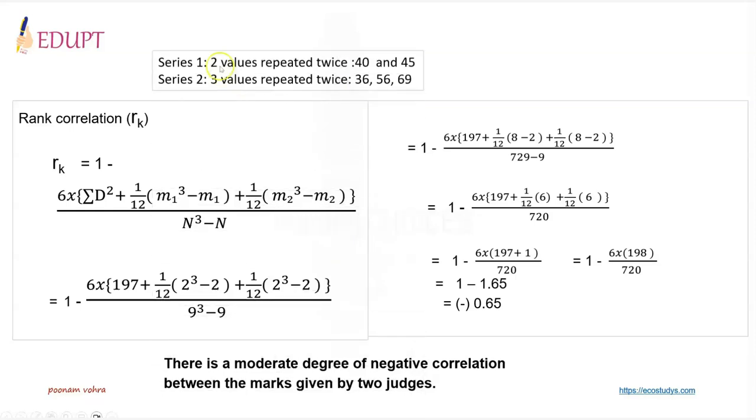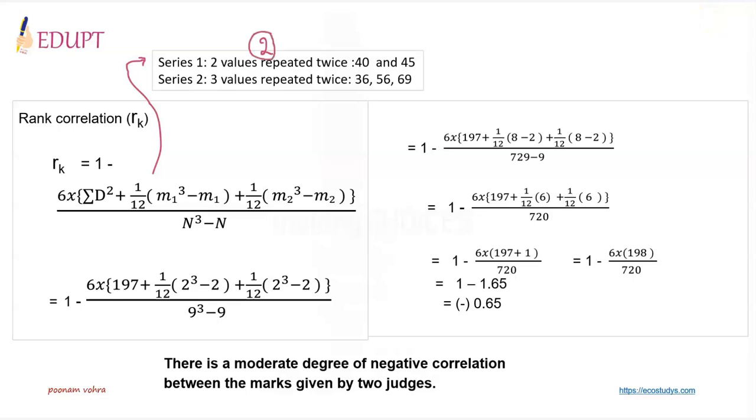One, suppose in series 1, there are two values repeated twice. For example, value 40 is repeated two times and value 45 is also repeated two times. Now, if two values are repeated twice, then you need to mention 1 by 12 m1 cube minus m1 two times.